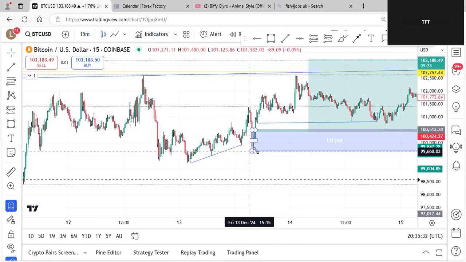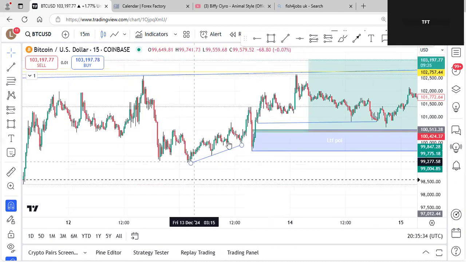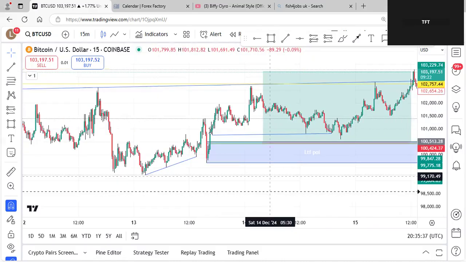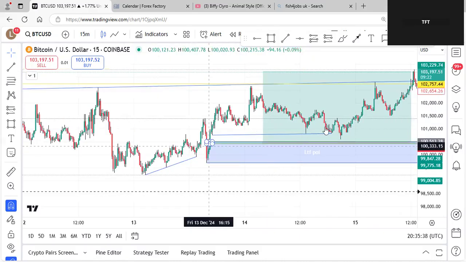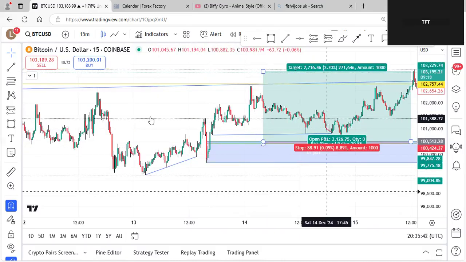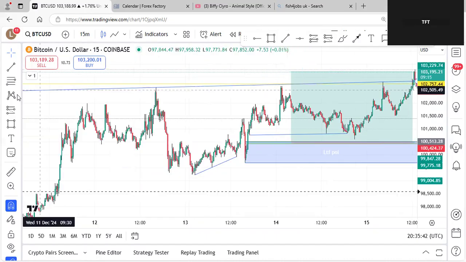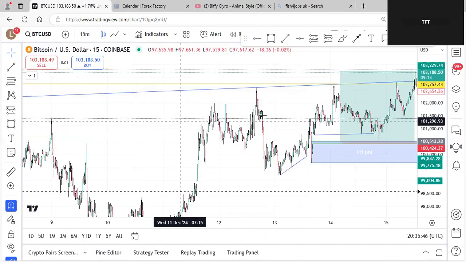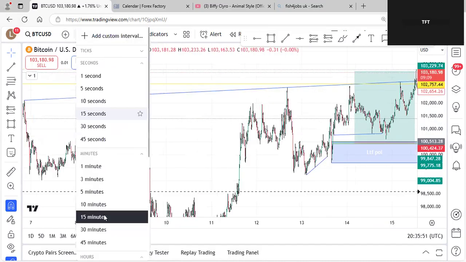So we've had an imbalance fill, break of structure, sweep of liquidity, another break of structure, and then another build up of liquidity, and a decent trend line building up to the top. Not the cleanest of trend lines from the point of when I see it.